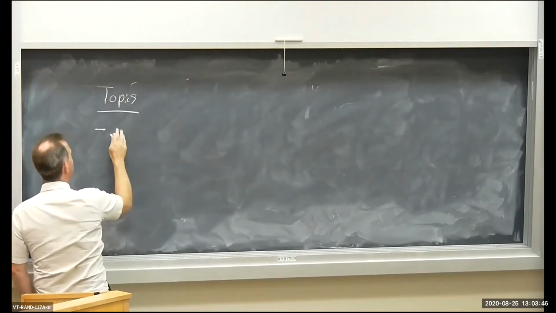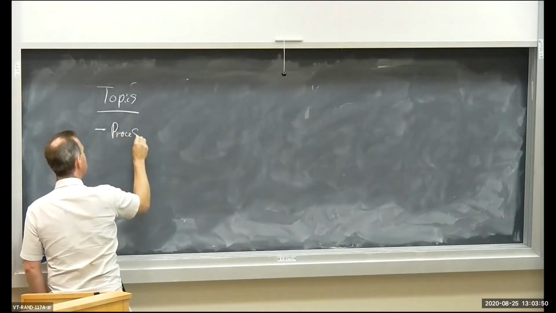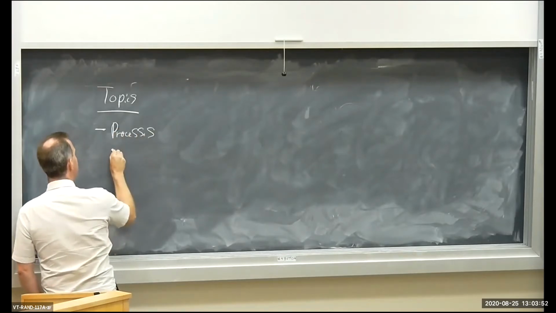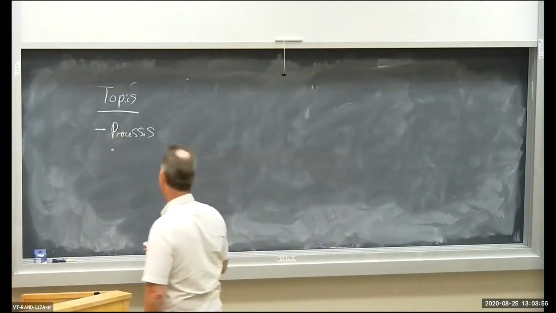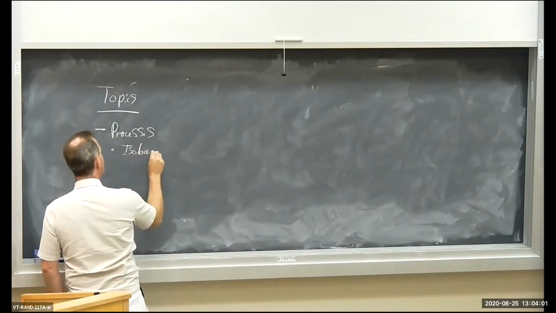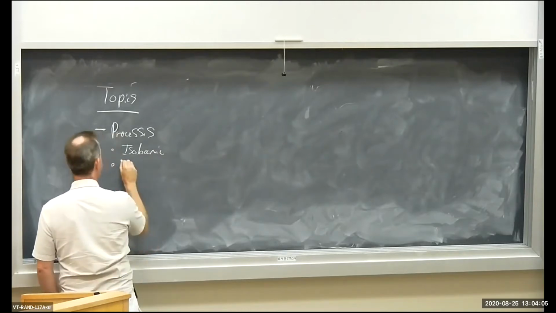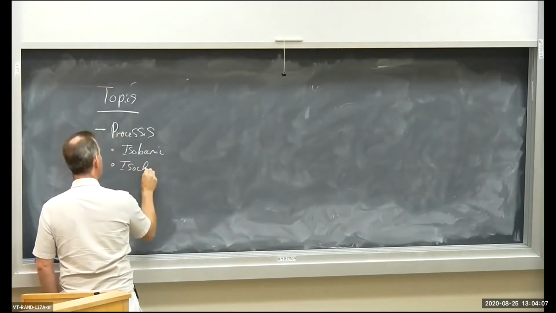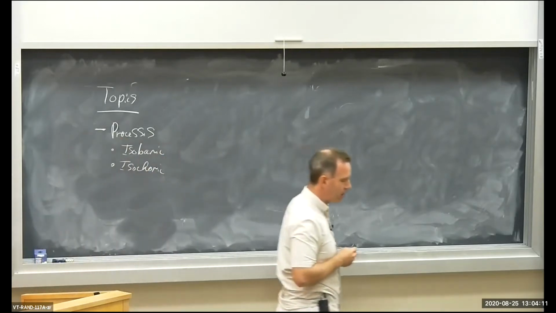We're going to finish off the introductory part of the course by looking at processes. In particular, we're going to look at 3 kinds of processes. Isobaric. We'll talk about what this is in just a moment. Isochoric. C-H-O-R-I-C.